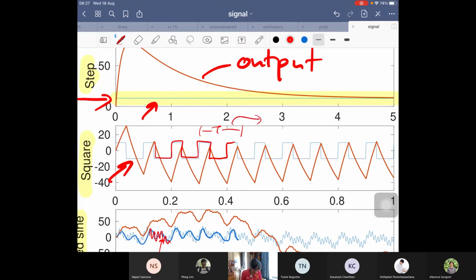If this period T corresponds to some f naught, but if you take the Fourier series of the square wave, what do you get? You get a sinc function.